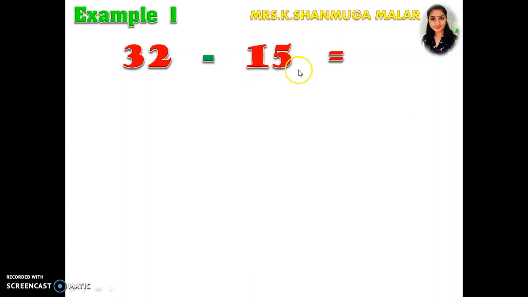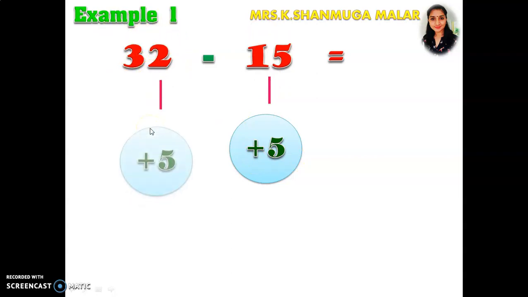Nearest to 15 is 20. So to make the 15 into 20, we must plus 5. When we plus this number with 5, we must plus the front number also with 5.